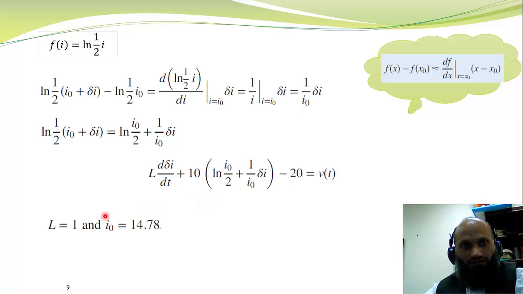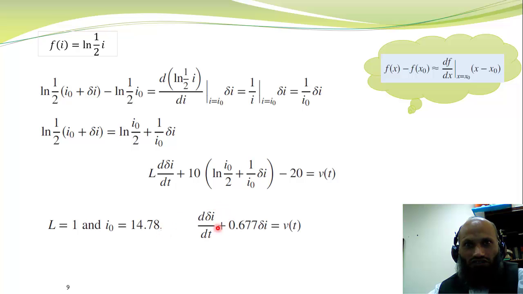So let's take some numerical values, that is L equal to 1 and I naught equal to 14.78. Then this equation is transformed into this equation. We have simply substituted these numerical values. This comes out to be 20, this comes out to be 20, which cancels out over here, and we have this term and this term on the right hand side, which is a linear differential equation.